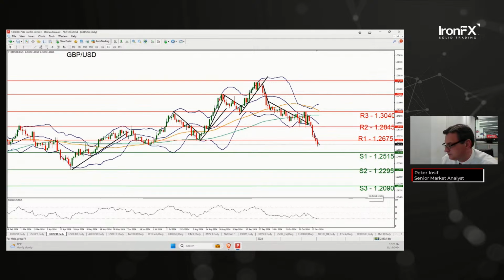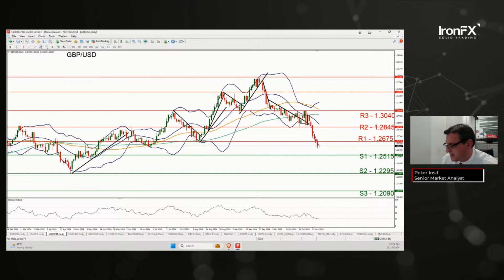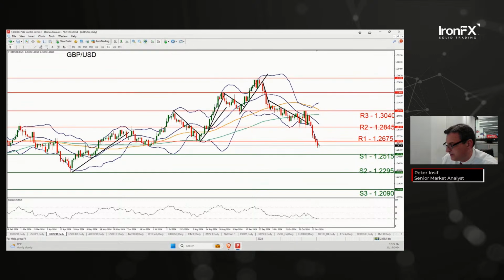The S3 stands. Practically all resistance support lines stand here. We're talking always about cable. The S2, the S1, the R1, the R2, and the R3.